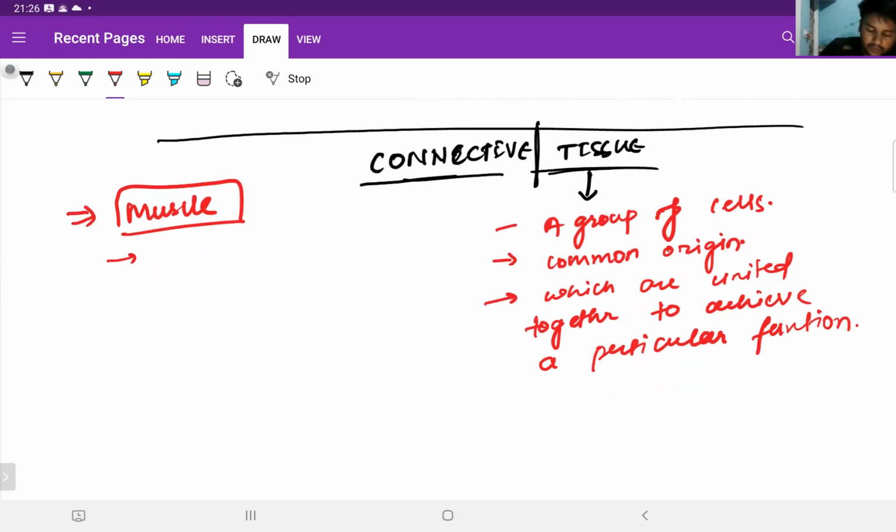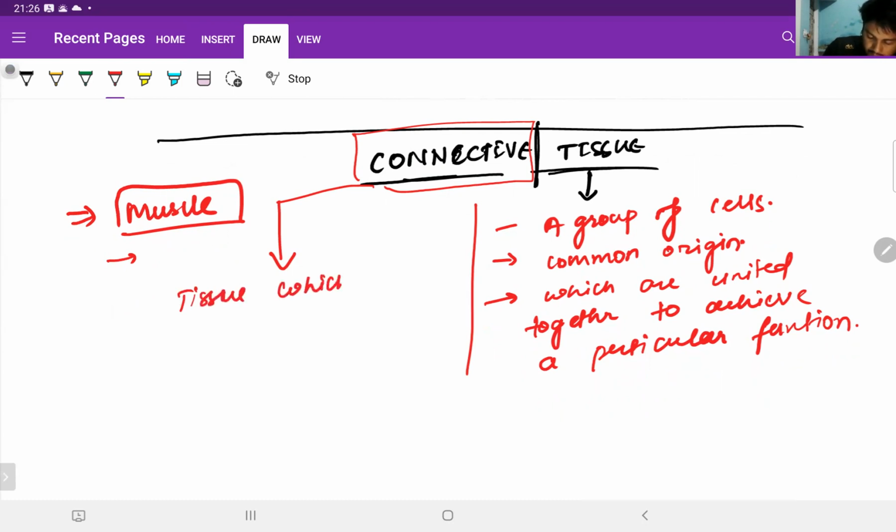Now, what is connective tissue? So we have to understand what connective tissues are. So let us first of all start by defining what connective tissues are, right? They are the tissues which bind structures.